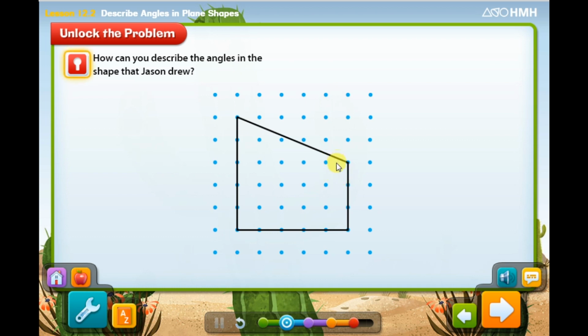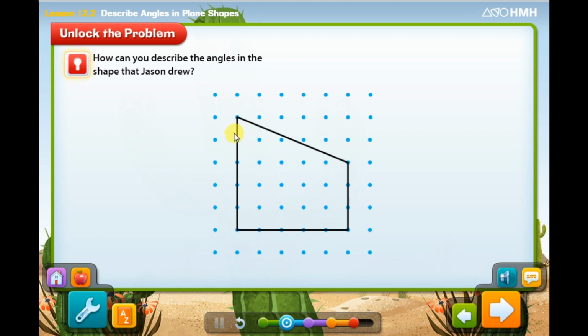This is called an angle. So between this line and this line, there is an angle. And here is also an angle. And here is also an angle, between this line segment and this line segment. And between this line segment and this line segment, there is an angle formed between these 4 line segments.